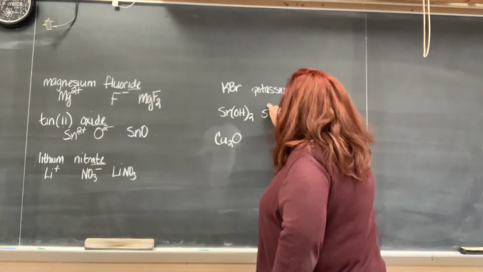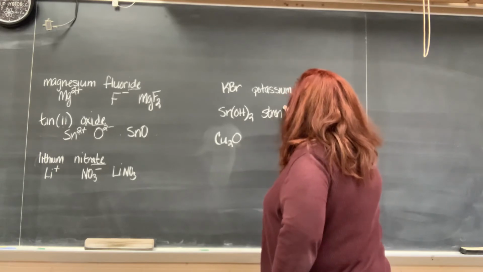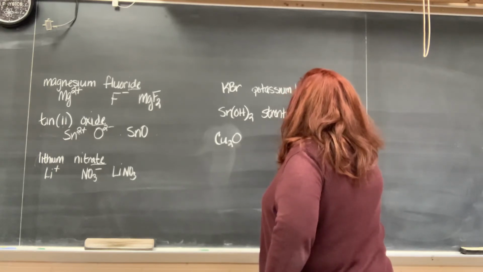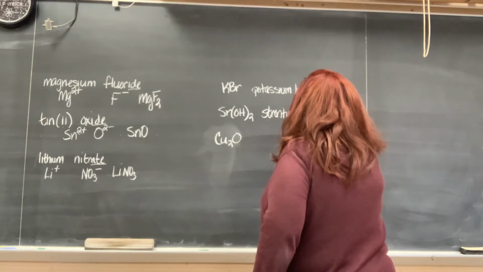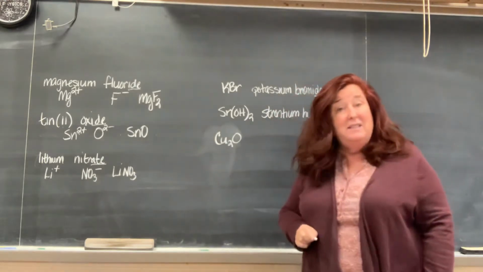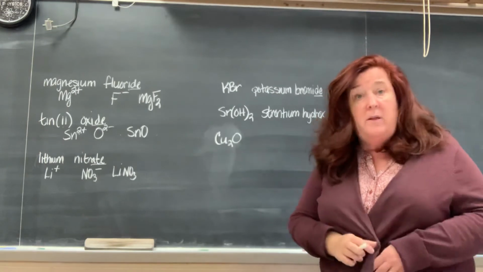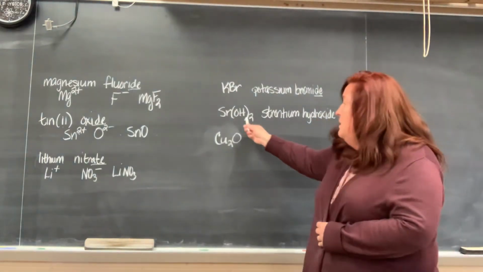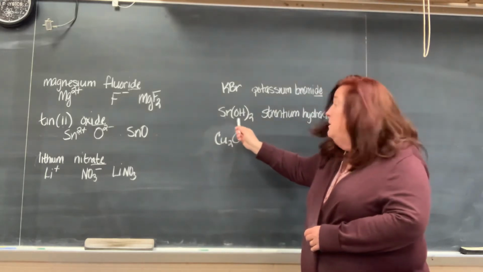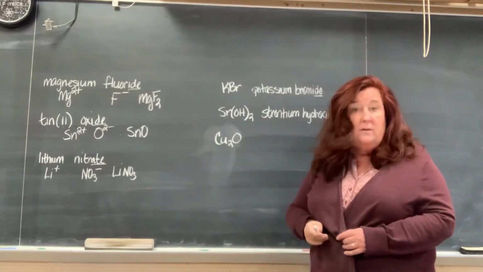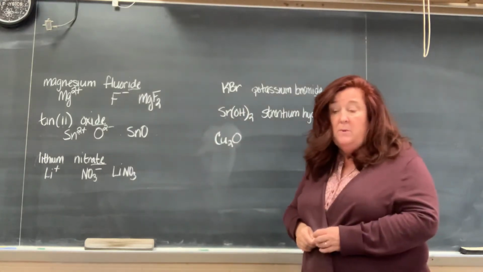So you just write strontium, and then you name the polyatomic ion. Hydroxide is one of those weird ones that actually ends in IDE, but it is a polyatomic ion. Notice that to balance out the strontium, we needed 2 of the hydroxides, so there are parentheses around that. When you're writing the formulas, you need to remember that.